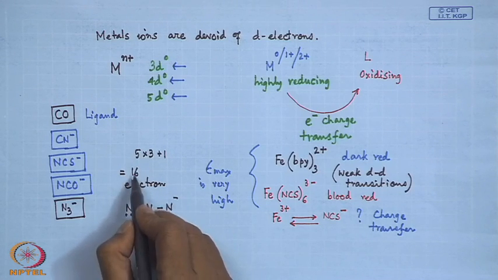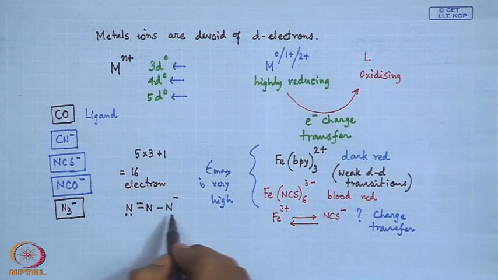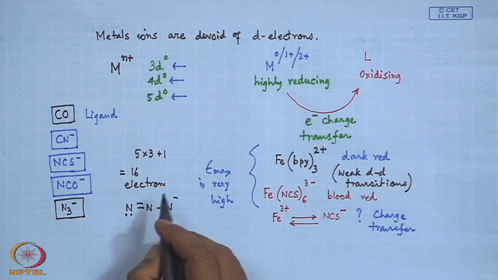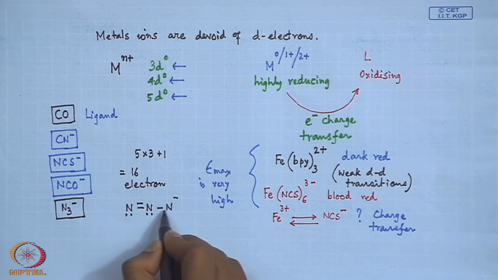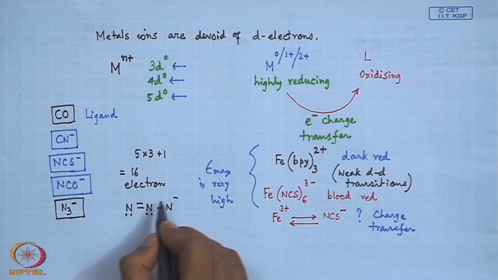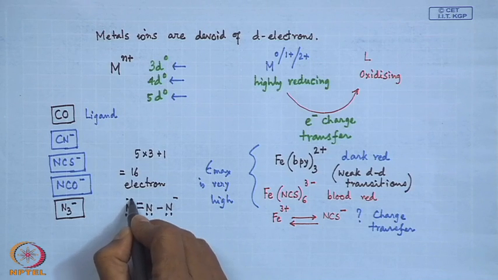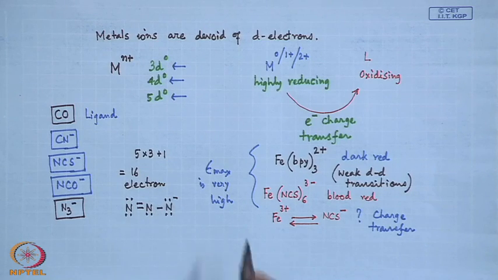Altogether we can have 8 pairs of electrons, whether they are bond pairs or lone pairs. So, something like this, and we can have the charge also.